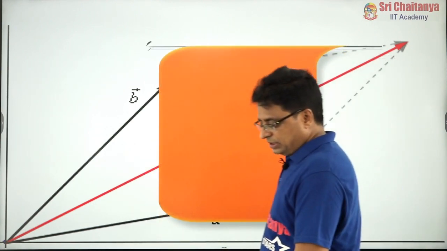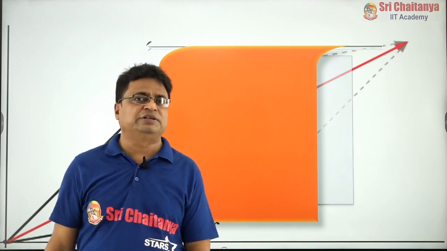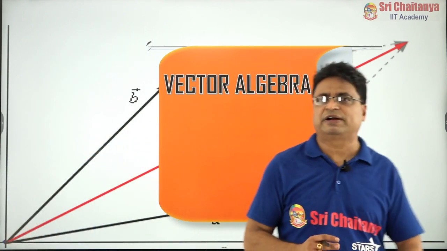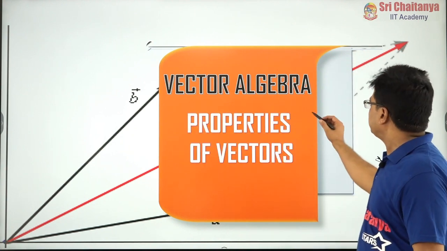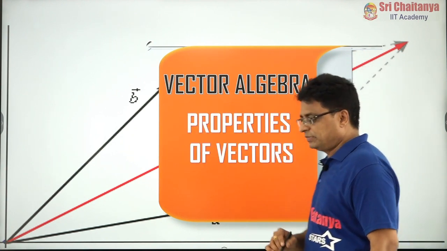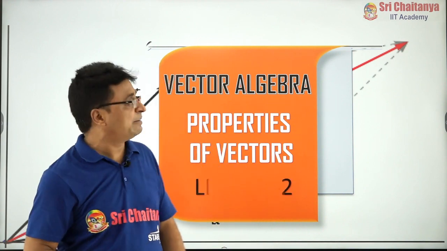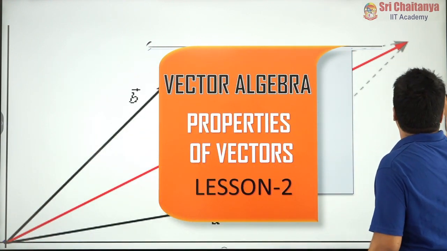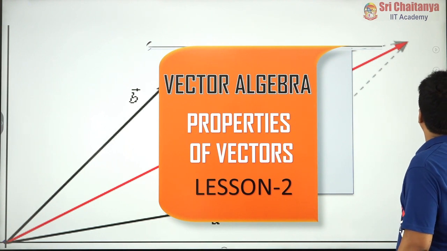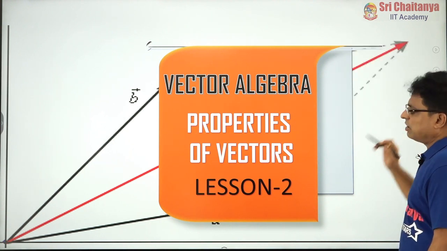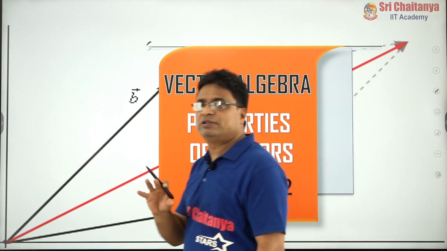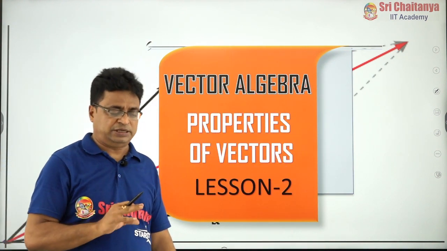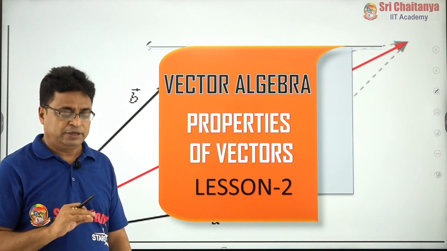Now we are concentrating on vector algebra, and in lesson number 1 of vector algebra, we concentrated on the properties of vectors. Now this is lesson number 2 on properties of vectors. In lesson number 1, I concentrated exclusively on the basic definitions and important notations in vector algebra.